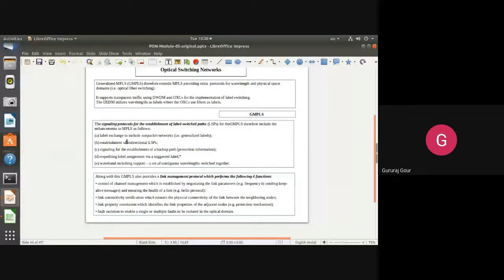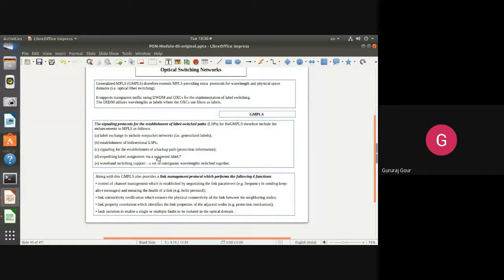First, the label will exchange to include non-packet networks, which are known as generalized labels. We will separate out the generalized labels. Then establishment of the bidirectional LSPs will take place, and after that the signaling for this established path will be done.